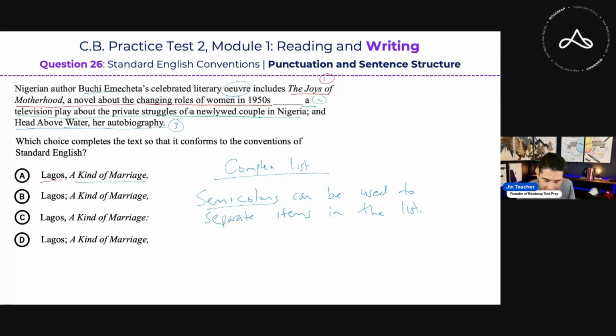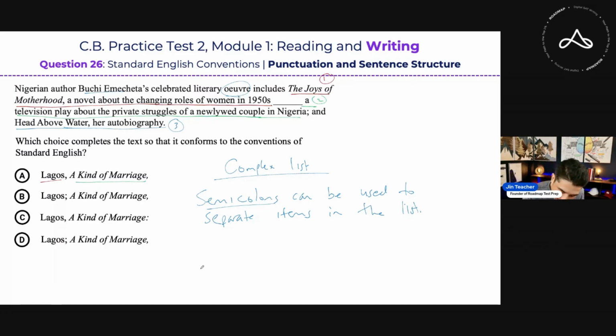Okay. Now, if we look at this, this is called parallel structure, you guys. Parallel structure basically tells us that when we have a list of items like this, we want to make sure that each of the items is written in a similar pattern, in a similar pattern of words and a similar pattern of punctuation.